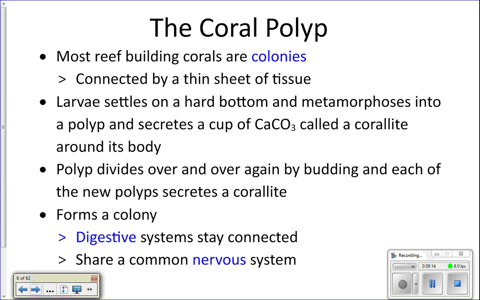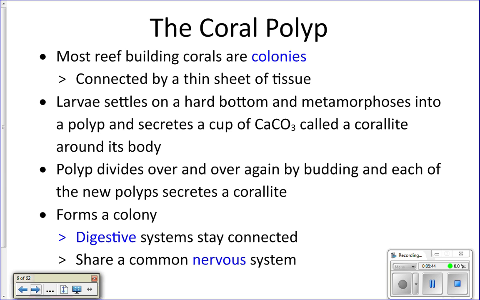That larva will settle down onto a hard surface where it will transform and become a little polyp. The coral secretes a skeleton around each of the little polyps. It secretes a calcium carbonate skeleton, like a limestone skeleton, around itself. So you've got the little polyp that secretes its little calcareous cup, and then this little coral polyp will divide asexually and create another little anemone, another coral polyp.